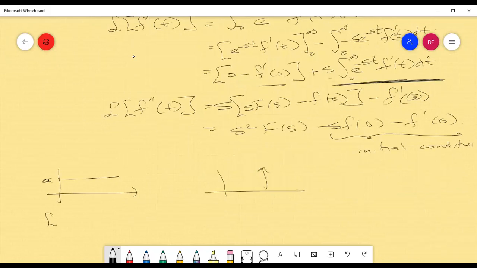If we have an impulse function, because those things occur a lot in electrical circuits. A constant is a DC circuit, and an impulse is when there's a spike in the system. So if there's a spike in the system, then we would want to know the Laplace transform of a spike.